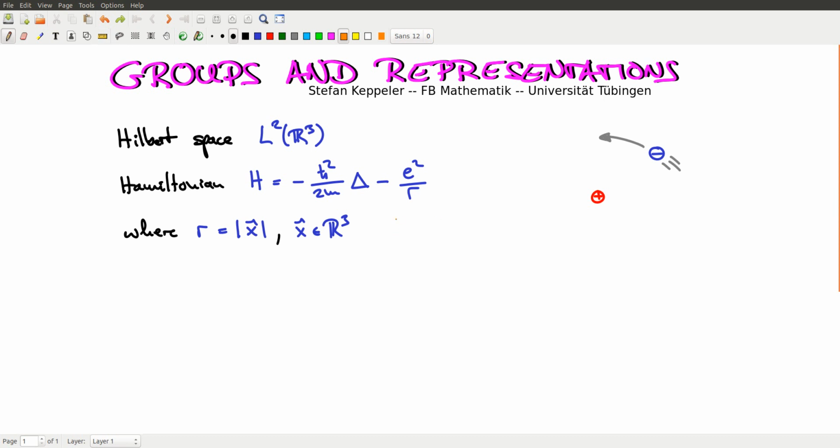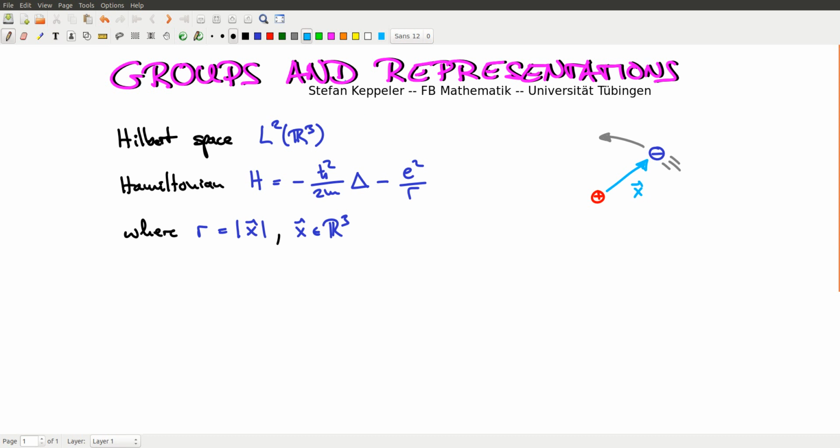Now, this term here is a so-called potential, and it describes the attractive force between the nucleus and the electron. What's this r? This r is the absolute value, the length of this 3-vector x here, and this 3-vector x points, say, from the nucleus to the electron.